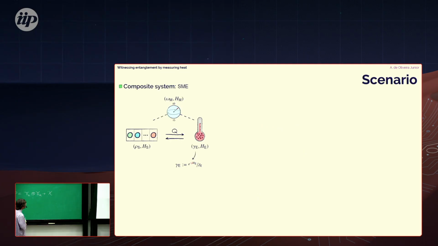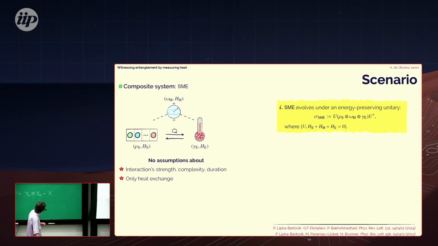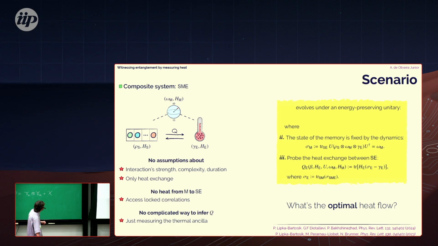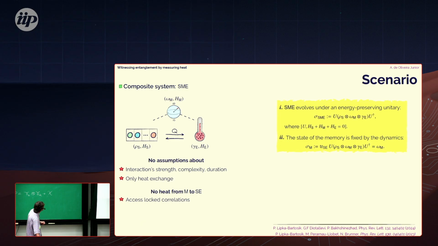I could lay down here the way that we do this, but I don't want to give more information and make it more complicated than what I'm already saying, so let me just flash this very quickly. The main assumption is that we have an arbitrary multipartite system and a thermal environment whose size we don't fix. Then we have a mediator that we call a quantum memory.